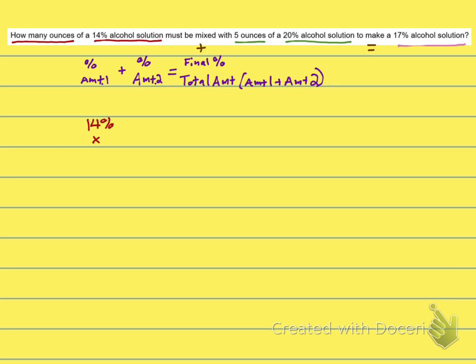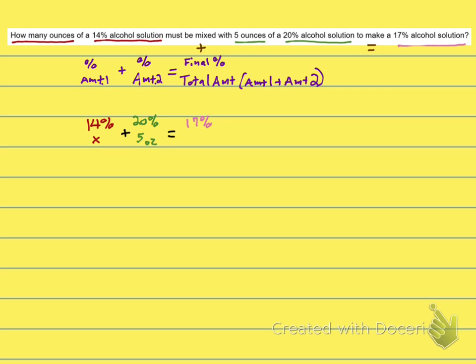All right, I'm going to add that to my second mixture, 5 ounces of a 20% solution, and that is going to give me my 17% solution, and then this is my total amount.